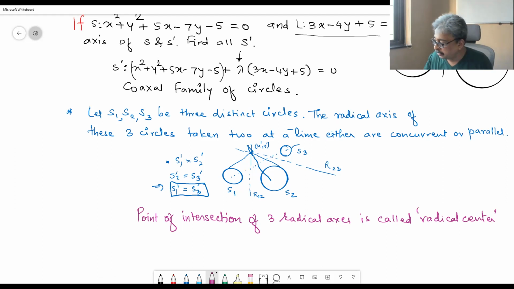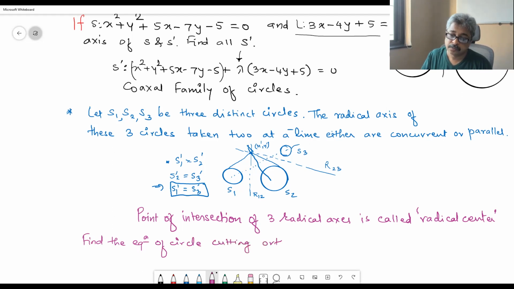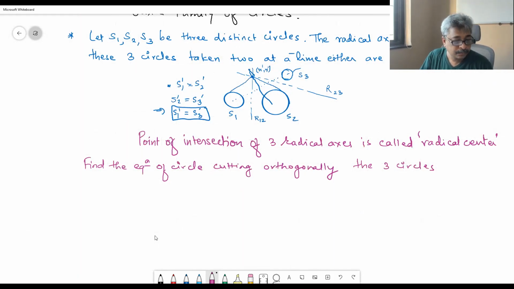Find the equation of the circle cutting orthogonally the three circles: first, x square plus y square minus 2x plus 3y minus 7 is equal to 0.